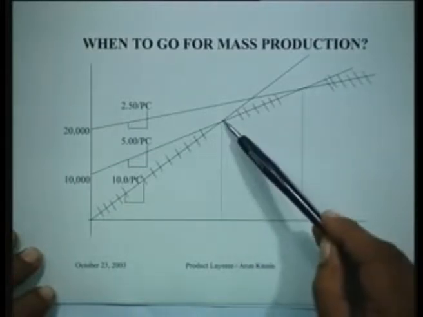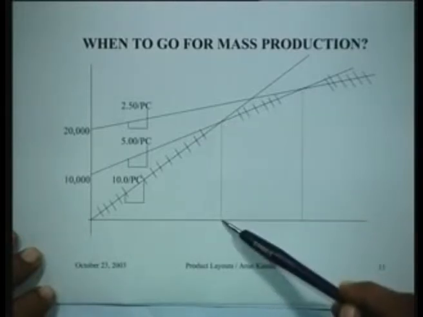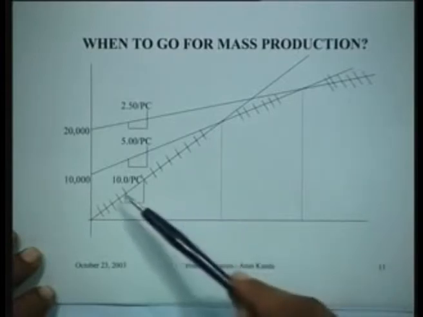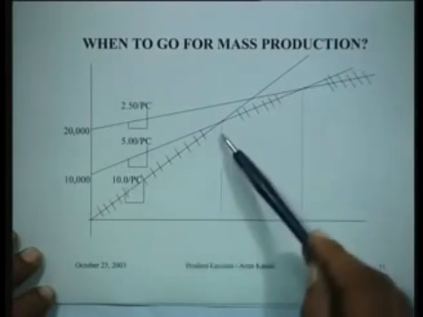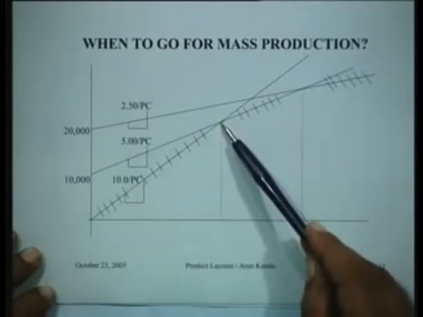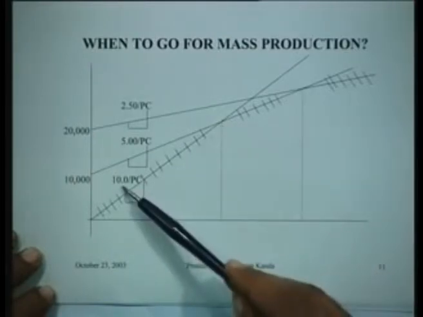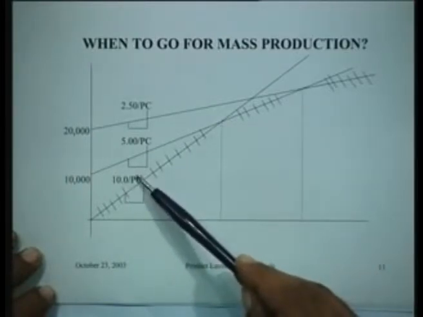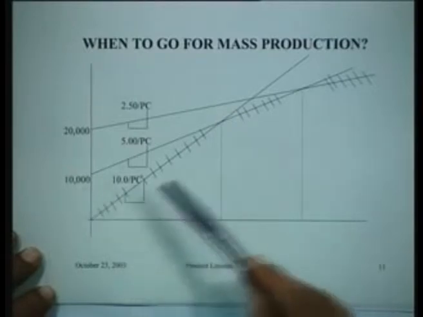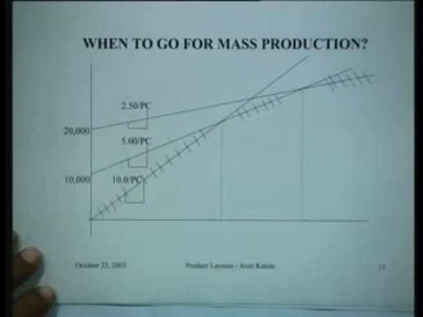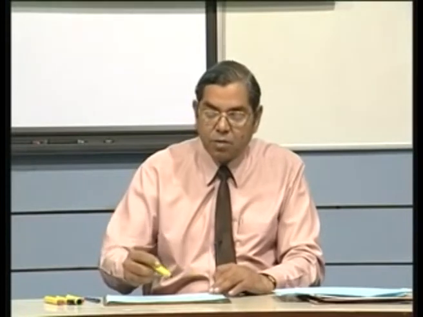For instance, in this particular case, what would be the break-even quantity here? This is like trying to say 10x is equal to 2000. So we can directly determine this quantity.